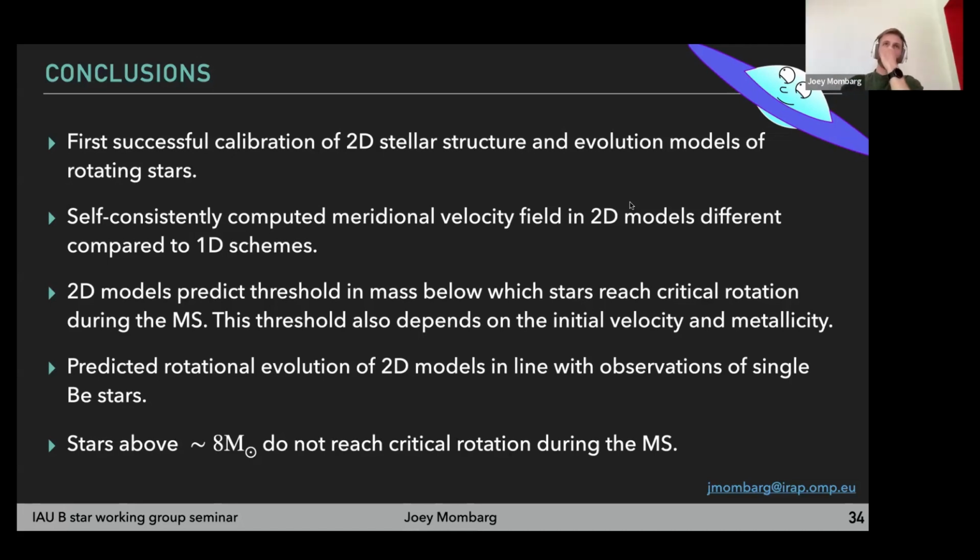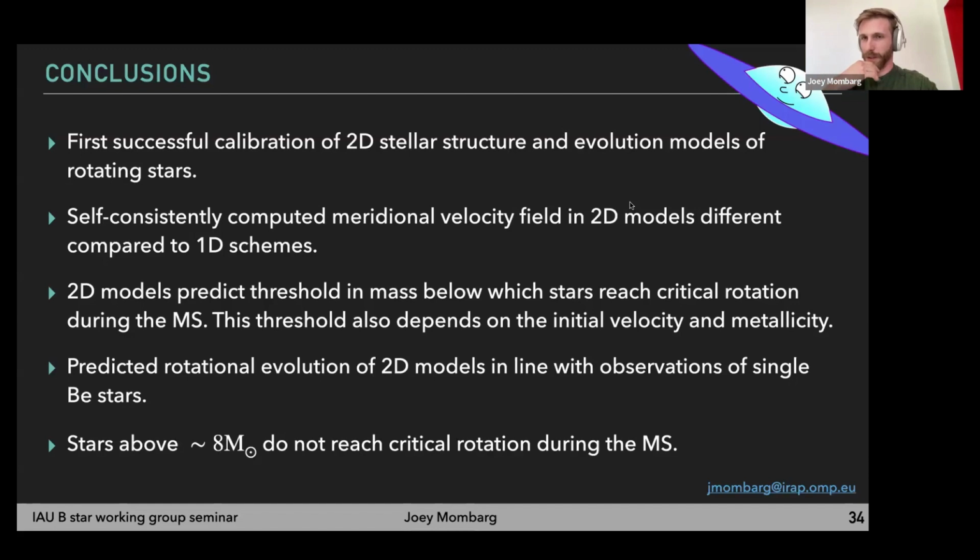Yeah, that's a good question, and something I definitely want to do. But I'd like to note that doing evolution in 2D is much harder than doing it in 1D. So we're not really at the stage where we can compute the massive grid that is required to do population synthesis, but it's something I would like to do in the future.